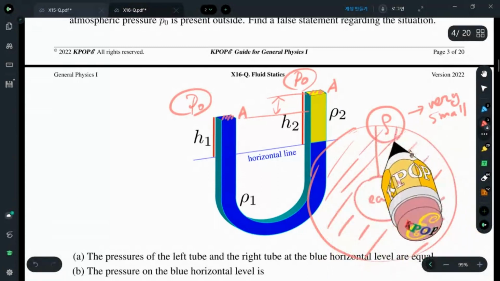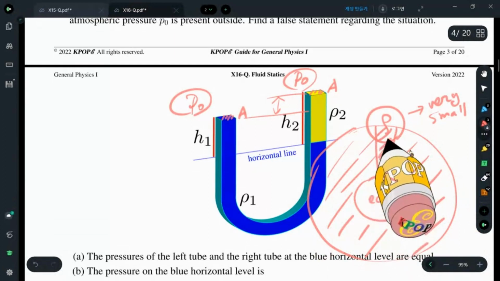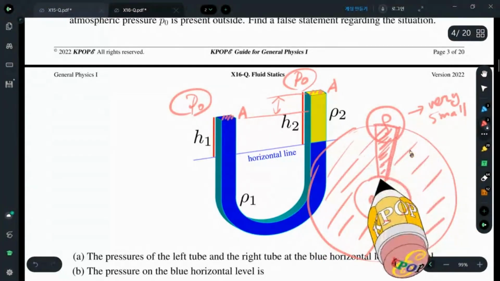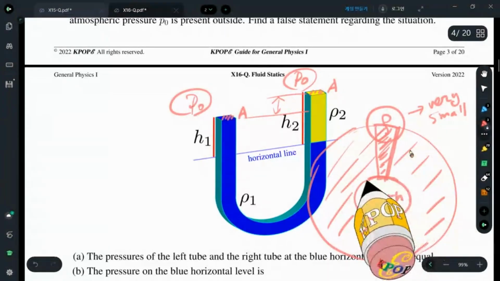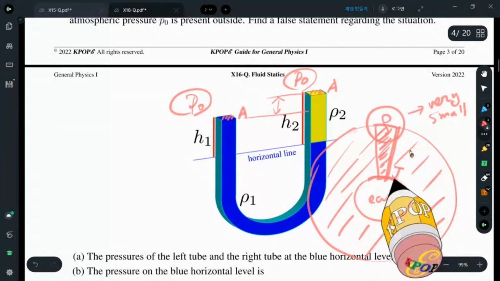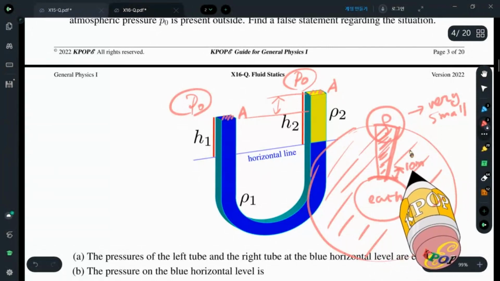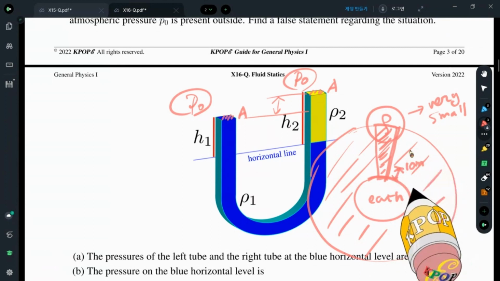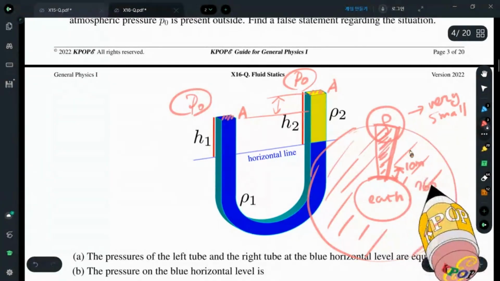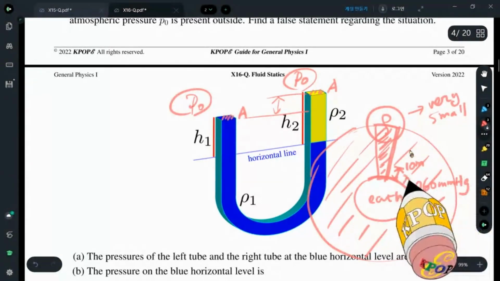Anyway, this amount of air pressure, the gravitational force due to the whole amount of air at the surface of the Earth, is equivalent to about 10 meters of water column, or 760 millimeters of mercury column.